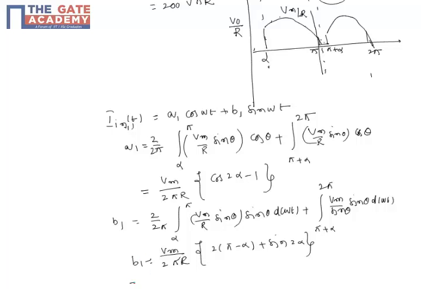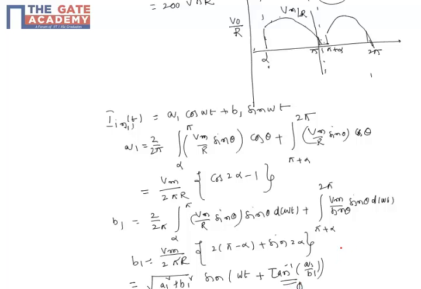Now this I1 equals A1 cos omega t plus B1 sin omega t. It can be represented as square root of A1 square plus B1 square into sin of omega t plus tan inverse of A1 by B1. This is theta, or I'll represent it with phi.